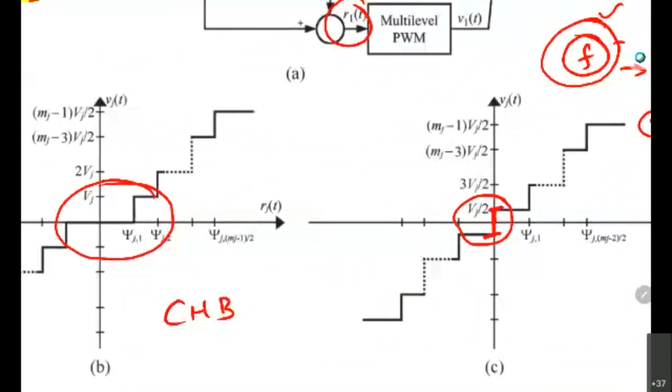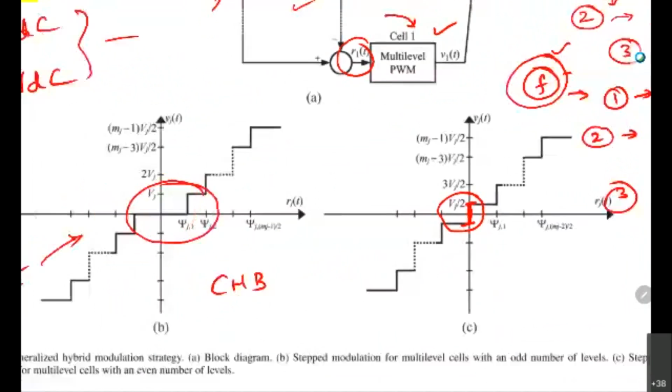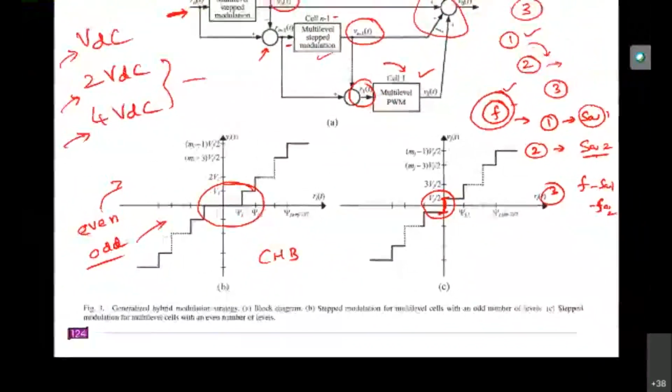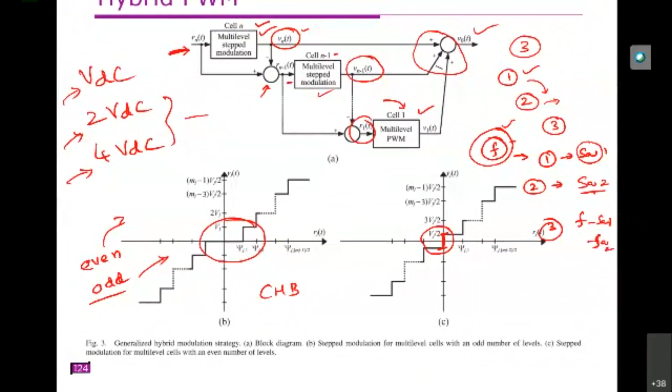So there is no 0 level here. This is how the pulse square waves are placed with different levels. In the case of odd levels, we need to follow this. In the case of even levels, it must start from the origin so that the waveforms are more symmetrical.